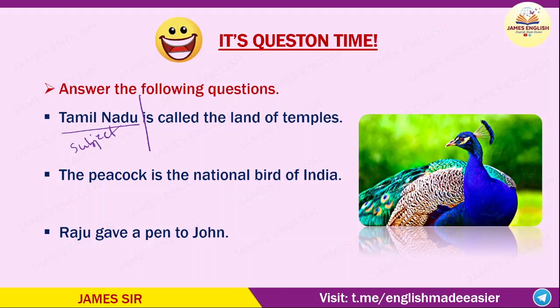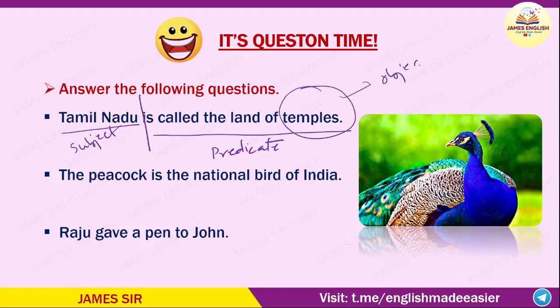Then what is the predicate? Very good. Is called the land of temples is the predicate. Okay, very good. What is the object in this example? Very good. Temples becomes the object, because a predicative noun is called an object.